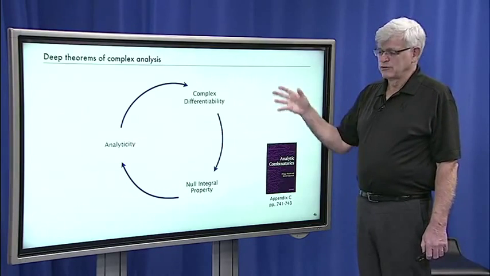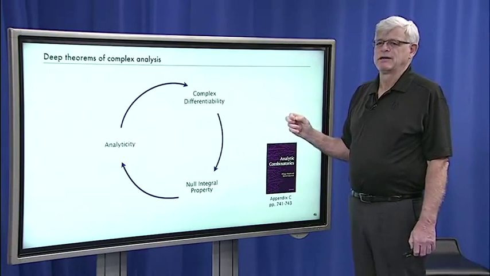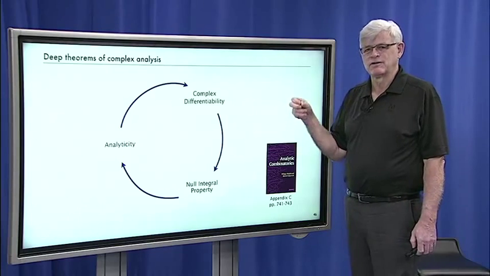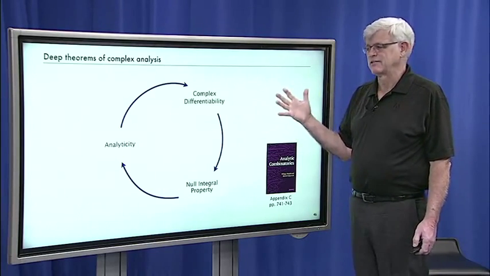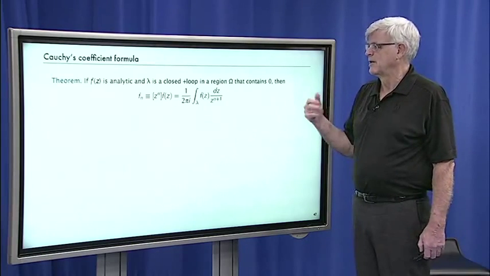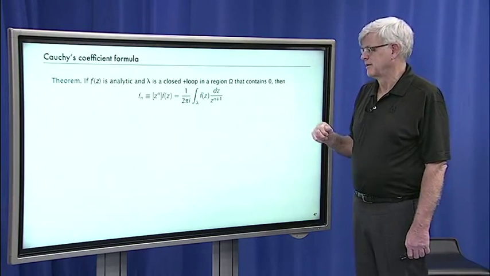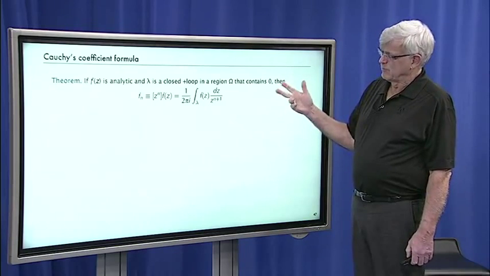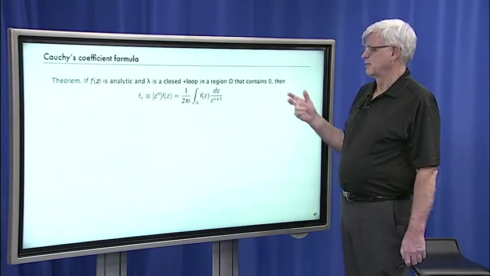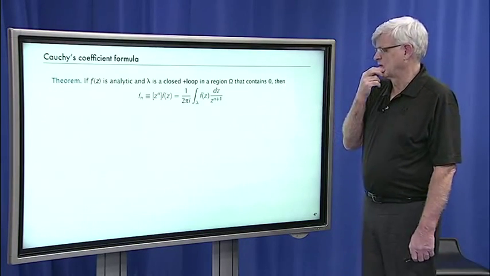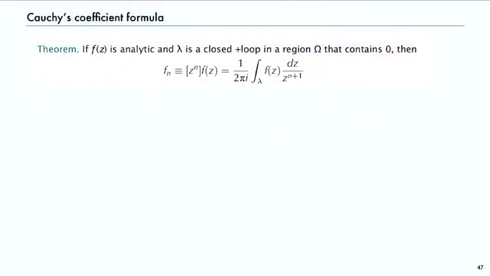But now what we want to do is take that null integral property and use it to help us extract coefficients from an important class of generating functions, and that'll be our next topic. But before we do that, we're going to talk about Cauchy's coefficient formula, which is an application of the null integral theorem. It does exactly what we want.